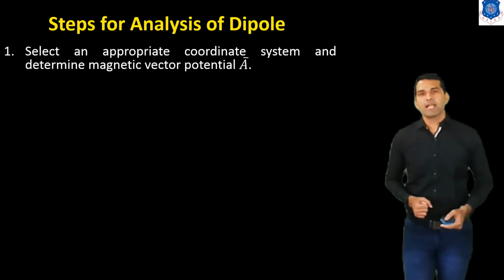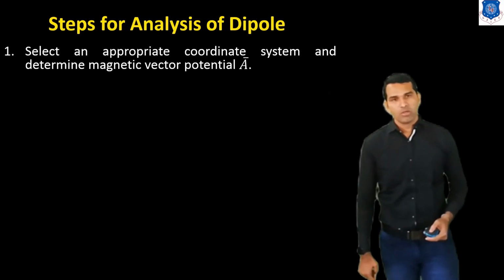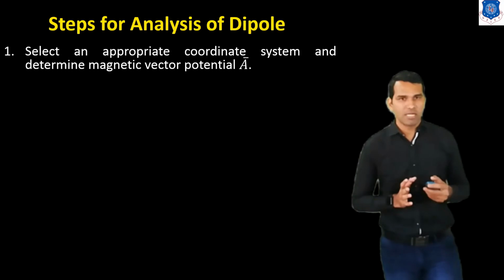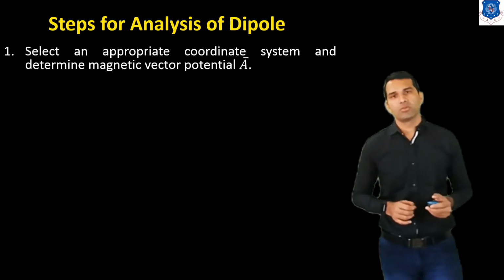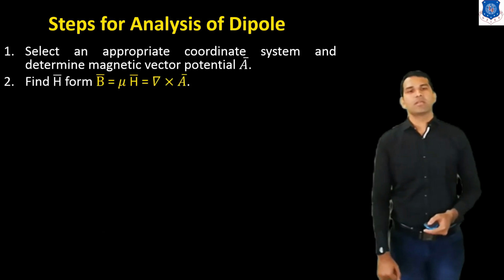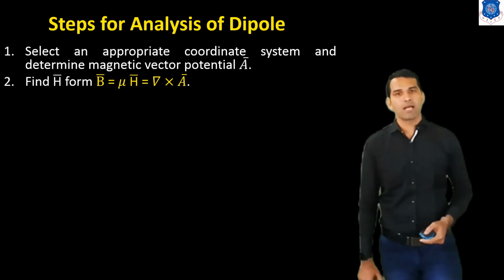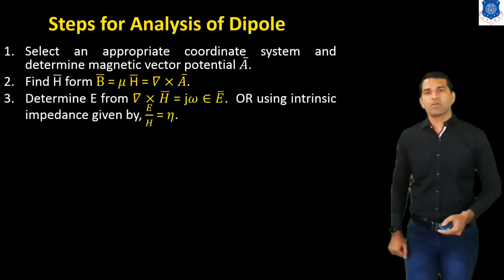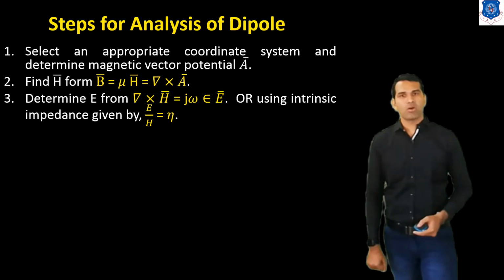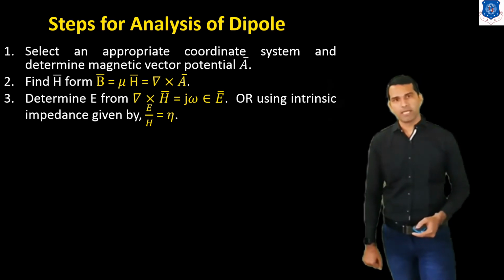First, select the appropriate coordinate system and determine the magnetic vector potential A. So we first have to select the appropriate coordinate system to analyze any dipole antenna, and then determine the magnetic vector potential A. The next step is to find the value of H from B equals mu times H, or del cross A. The third step is to determine E from del cross H equals j omega epsilon E, or using the intrinsic impedance given by E by H equals eta.